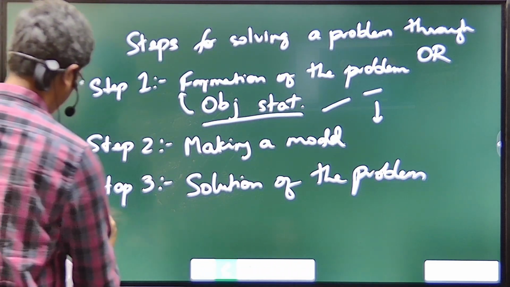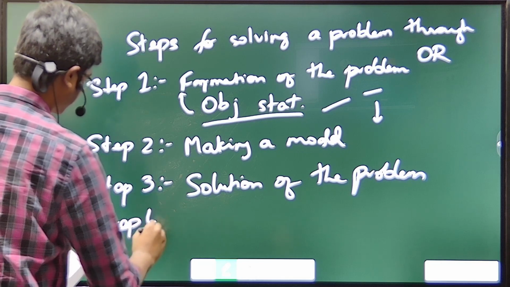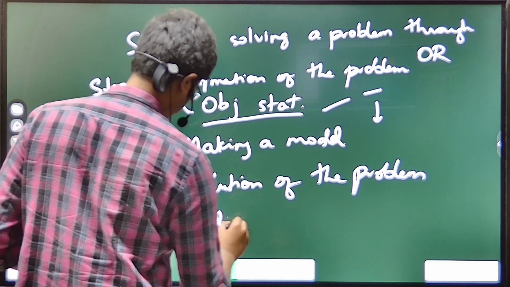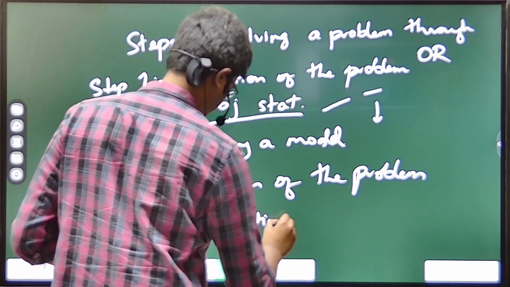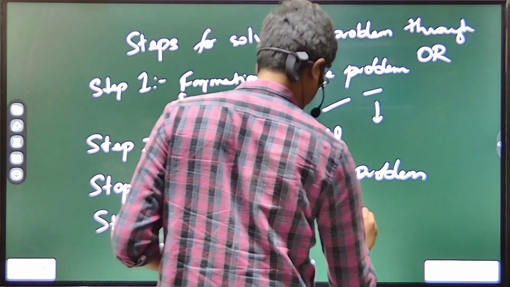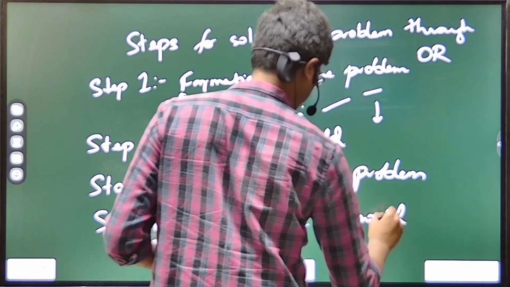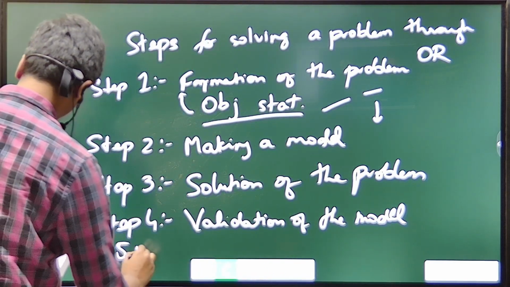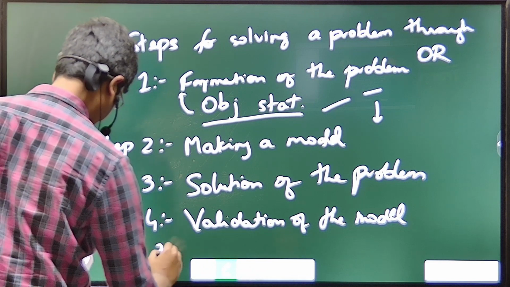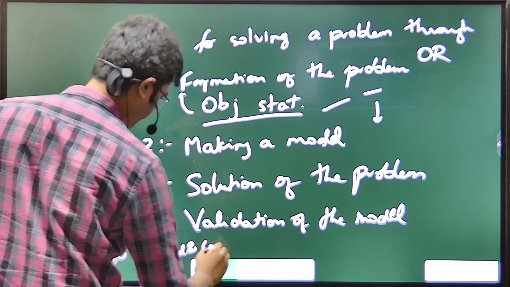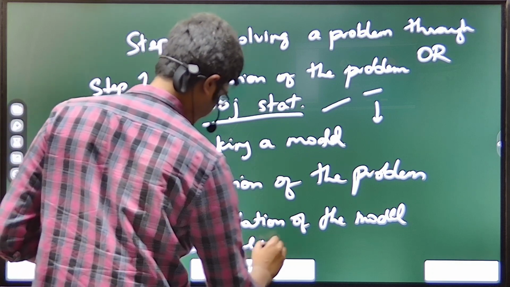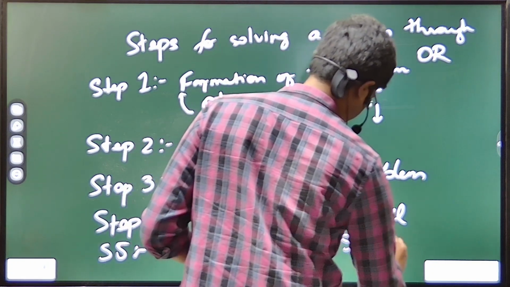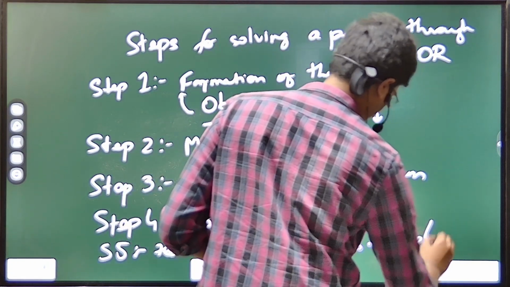Step 4 is validation of the model. Step 5 is feedback and control on solution. And the last step is implementation.